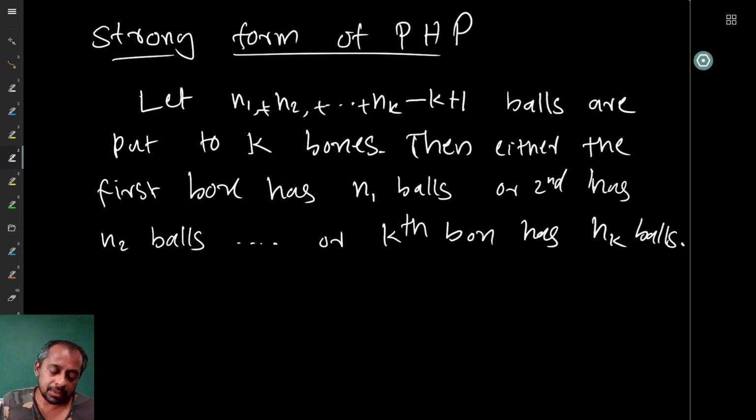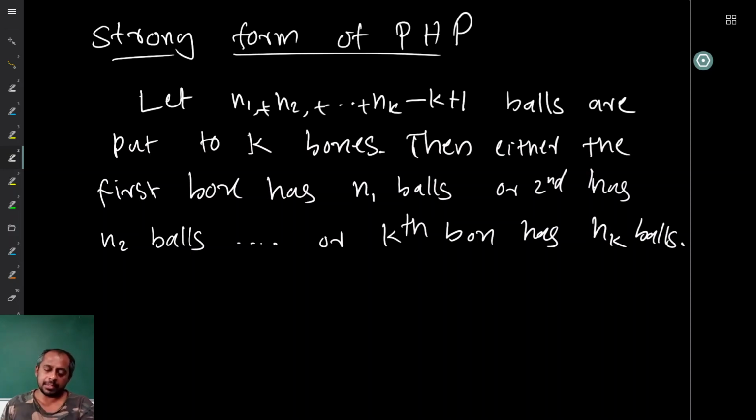Okay, so suppose n1 plus n2 plus n3 plus etc. nk, so different numbers I'm just giving, minus k plus 1 balls are put into k boxes. So I have k boxes and I have some number of balls, right? This is n1 plus n2 plus etc plus nk minus k, right? From each I am subtracting 1 and then I am just putting 1 extra, right? So this is basically n1 minus 1 plus n2 minus 1 plus n3 minus 1 plus nk minus 1 plus 1.